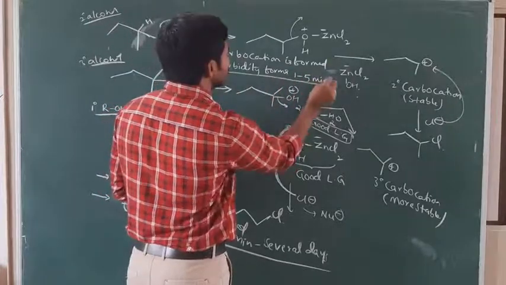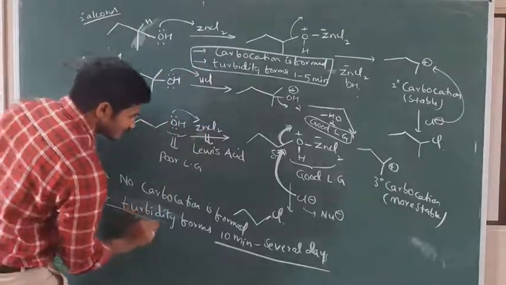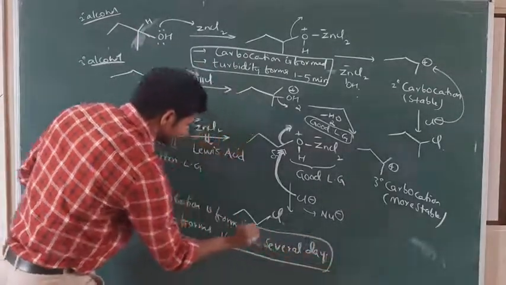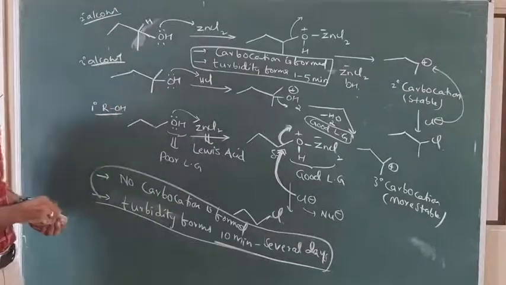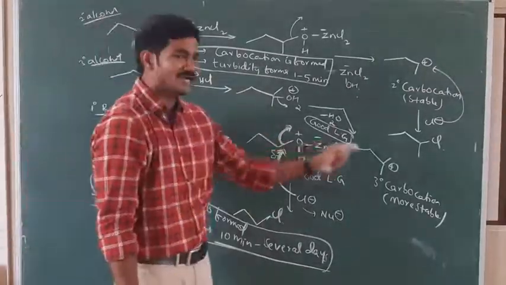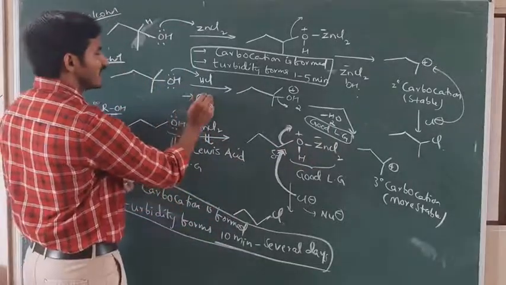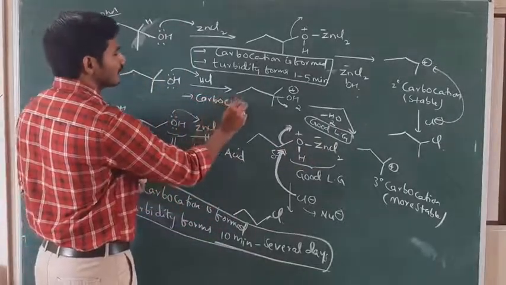It takes 1 to 5 minutes to form the turbidity, whereas here it takes much more time. Here no carbocation is formed. Whereas tertiary alcohols can form the more stable tertiary carbocation. So here also the carbocation is formed.